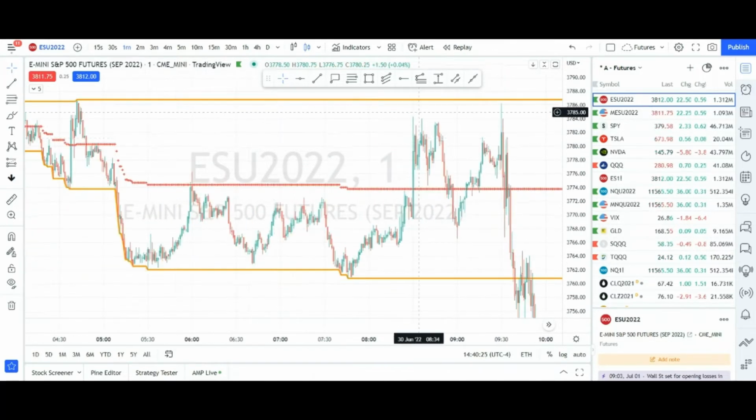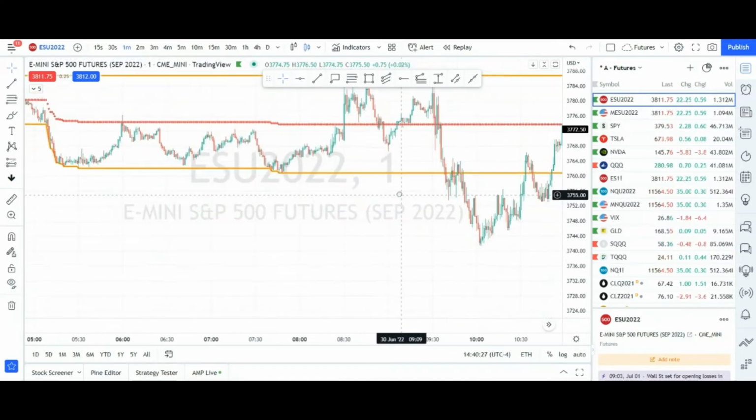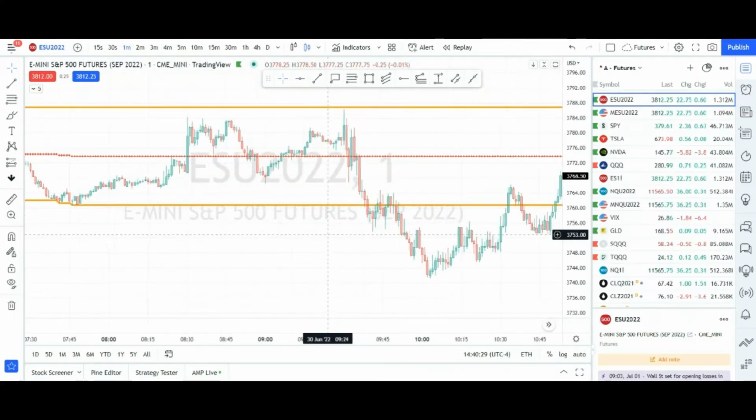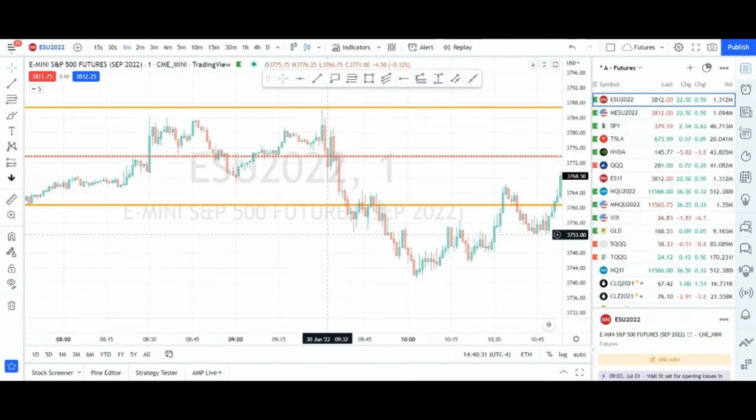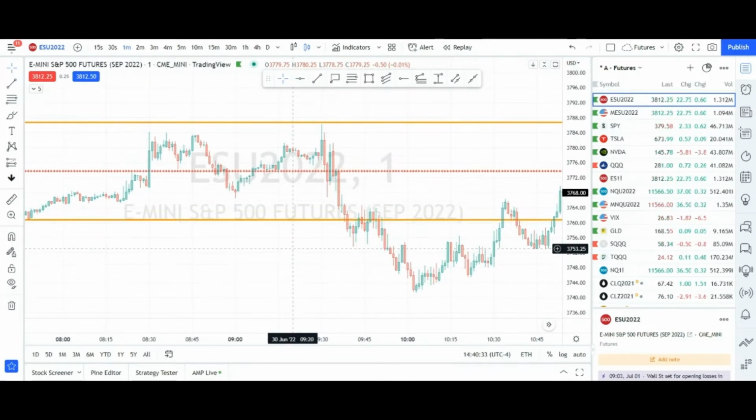So if you see where the market can go, what I predict before the opening of the market: if the price opens above this red cross, then there can be two scenarios. If the bullish momentum is higher than the bearish, then the market will go up.